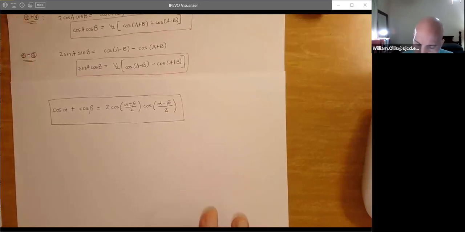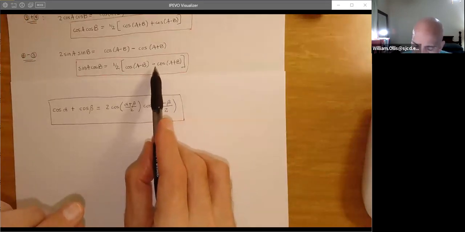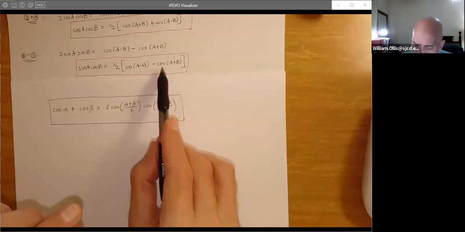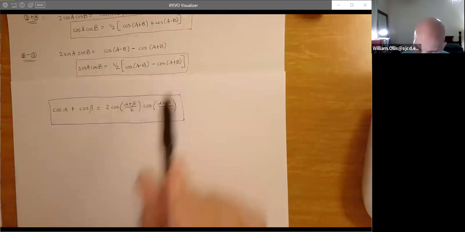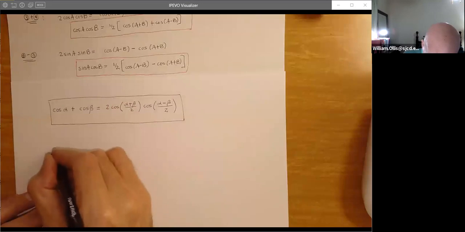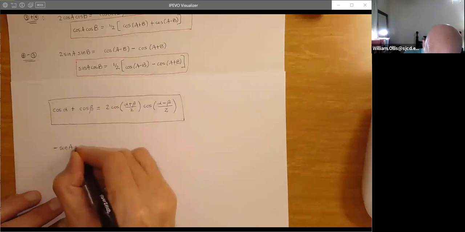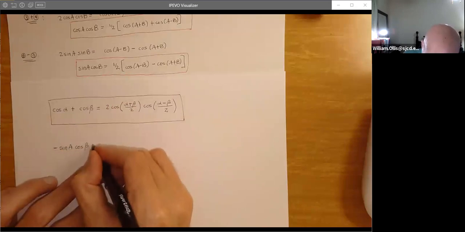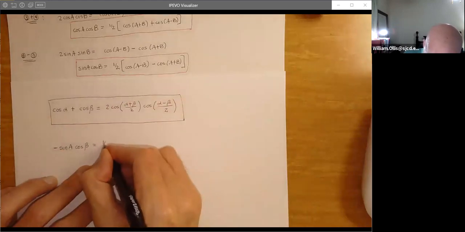Now, the very last one, it doesn't get the best. I'll just say this. We don't like to write this formula with the negative here. We don't like to start the formula that way. So this gets run through with a negative. First what we're going to do is run a negative through. We're going to say negative sine A cosine B equals, and so when you multiply the negative, that'll just switch the order.